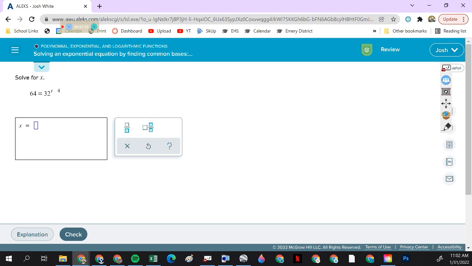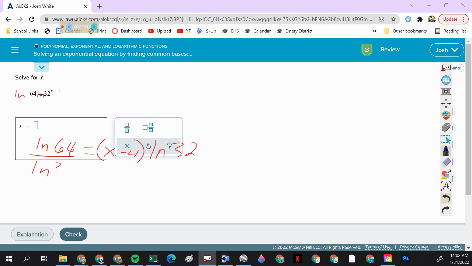Okay, same idea here. ln both sides. So the ln of 64 is equal to x minus 4 times the ln of 32. So we divide by the ln of 32, and then we add 4. Is that one you can do in your head? How do we turn a 32 into a 64?